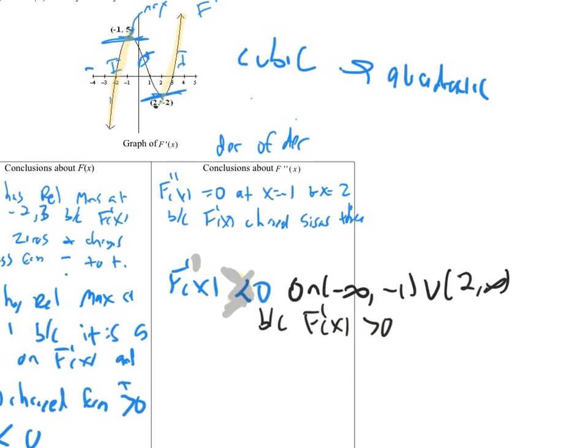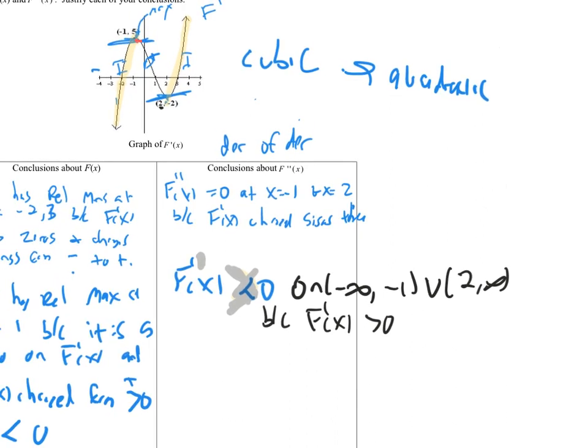And then between those two numbers, f double prime must be less than 0 because the slope of the derivative is negative. F double prime of x is less than 0 on the interval -1 to 2 because f prime of x is less than 0.